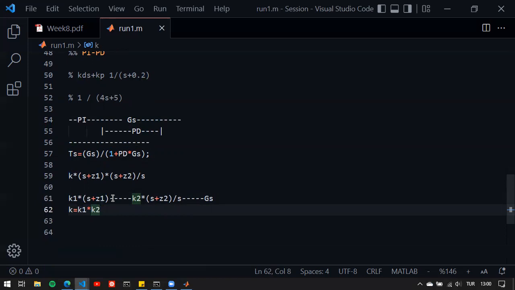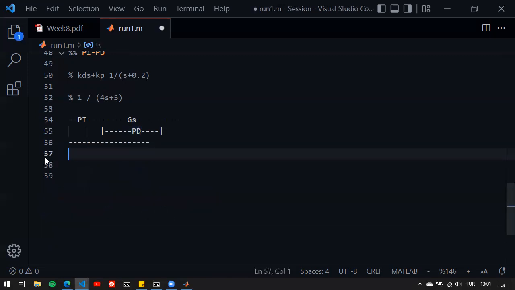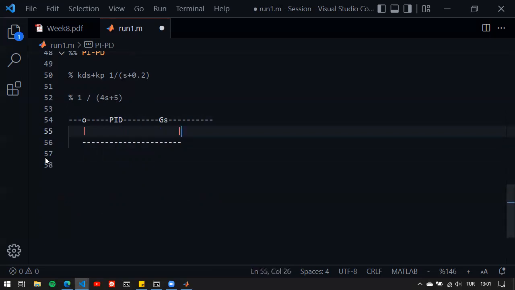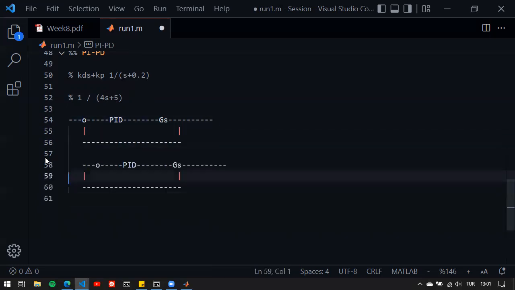Because the only thing that we do here is that we take this and put it in the feedback loop, and that's it. So instead of using the PID controller like this, let's have PID here. Instead of using this, what we will do is the following. We'll get the PD part and then build another loop here.